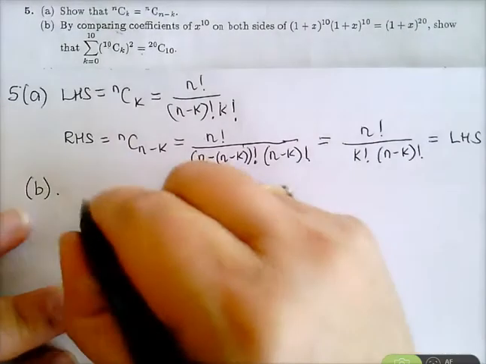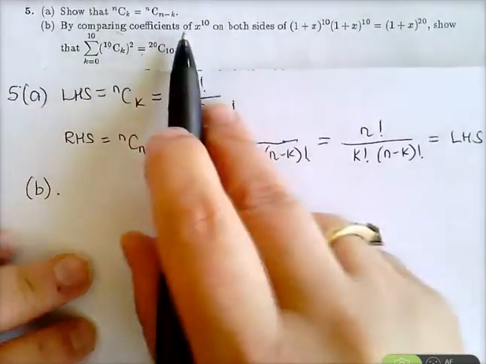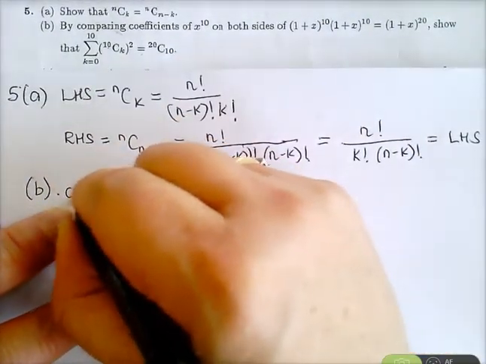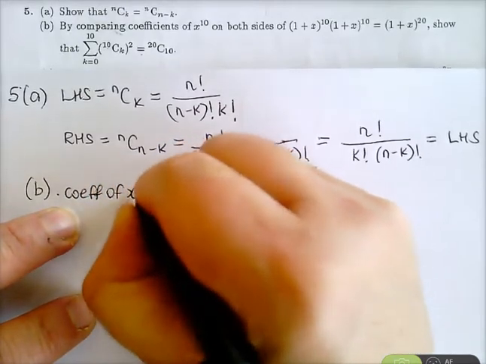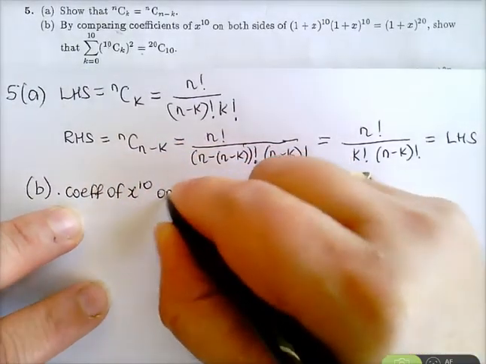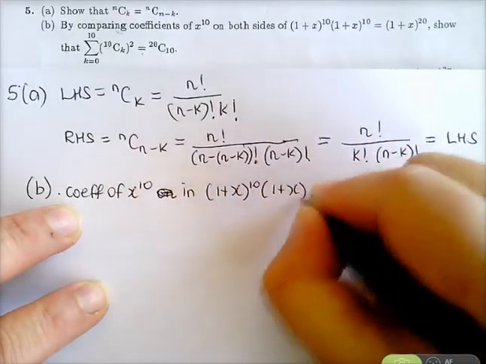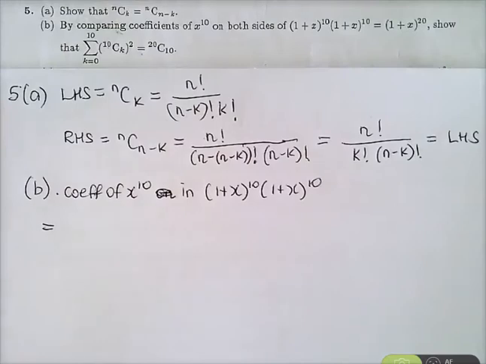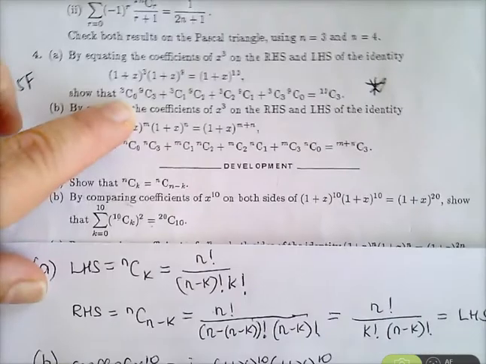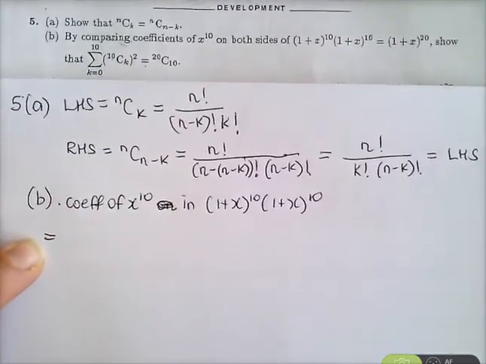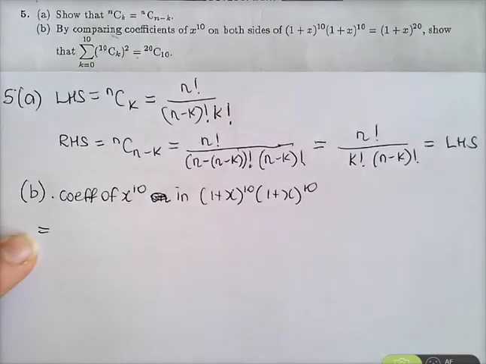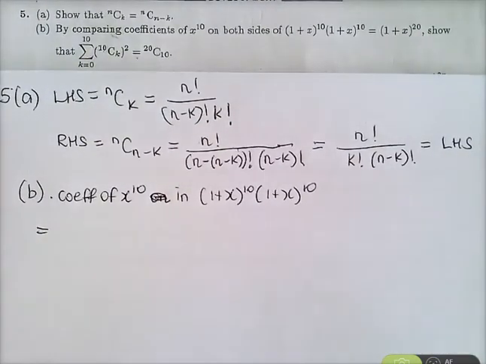So you can go for part B, the coefficient of x to the 10. You want the coefficient of x to the 10 in (1 plus x) to the 10 times (1 plus x) to the 10, and you can start writing out that coefficient straight away. Do you understand the difference with this one? They were showing you all the steps. This one is not giving you the steps, so you don't have to write out the expansions if you don't want to. We don't have to write out the expansion because they haven't given us the expansion.